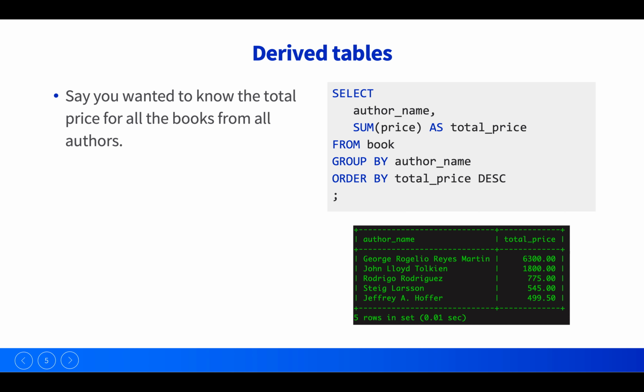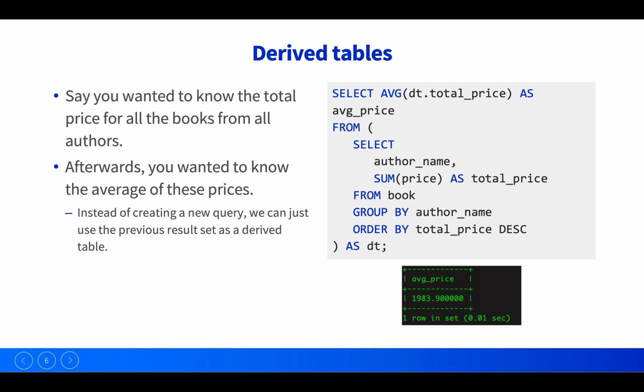So let's say we wanted to make use of this table as an intermediary calculation for another query later on. How would that look like? Here, what we would do is essentially copy and paste that query and put it in place of a table name in a from clause. That's how we can make use of that previous query and use it as a derived table. In this example, let's say we wanted to know the average of those prices.